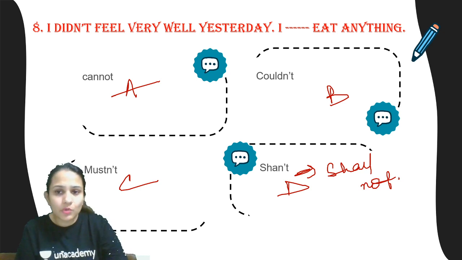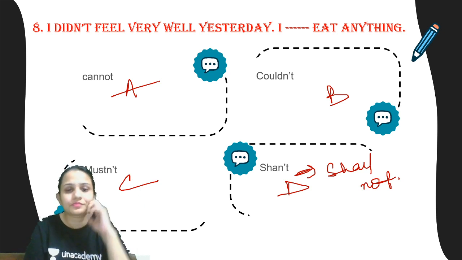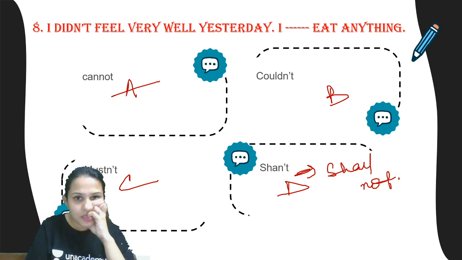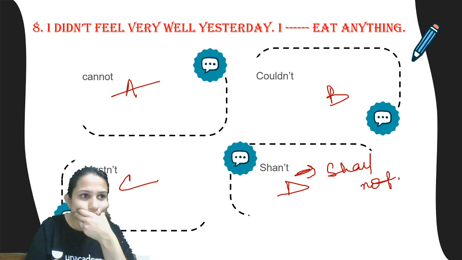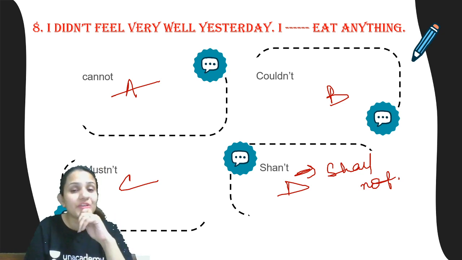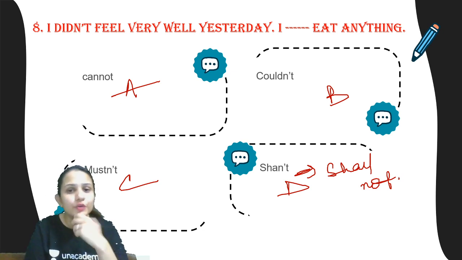Now choose the correct modal verb. Modals are a kind of helping verbs, and we choose modal verbs according to the rules and the tenses. That's a very big and major hint that I've given to you.